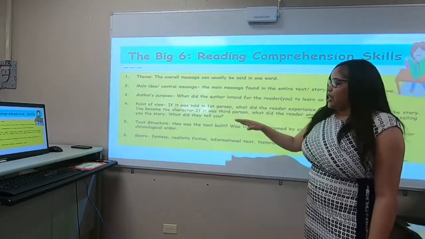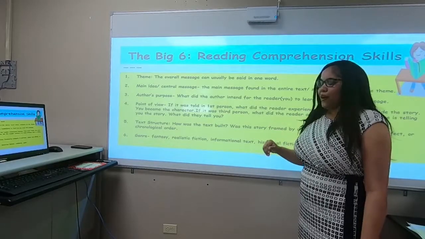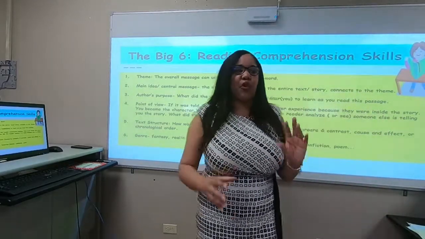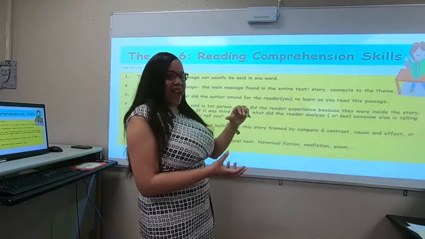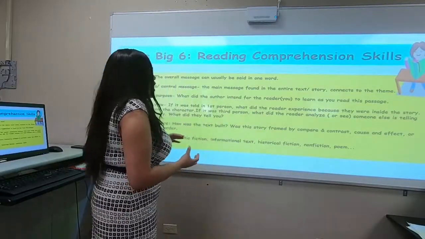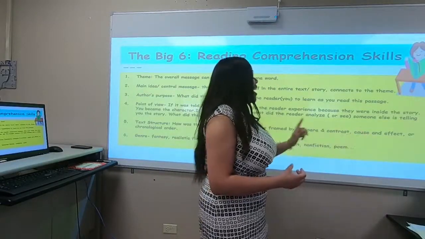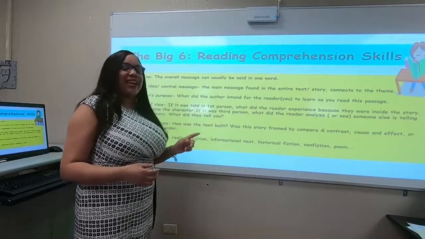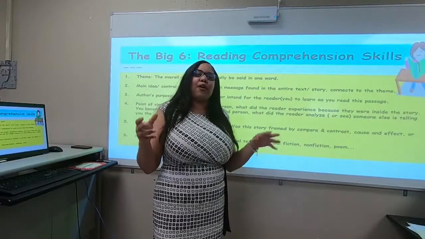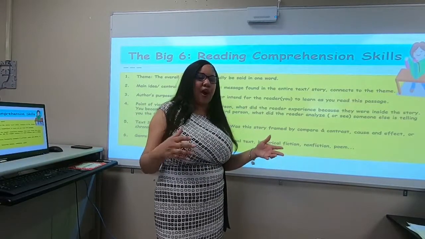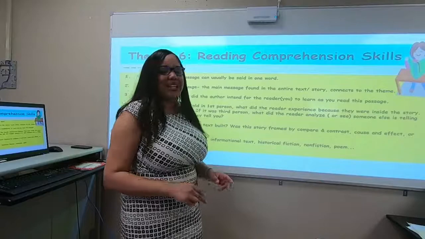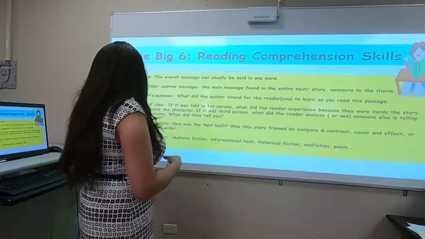Okay? And let's look at our text structure. This is one of my favorites. Structure means how something is framed, how something is built. Was it framed by compare and contrast? Was it cause and effect, or was it chronological order? Now, there are other text structures, but right now at the reading level you are, these are going to be your main three text structures, okay?